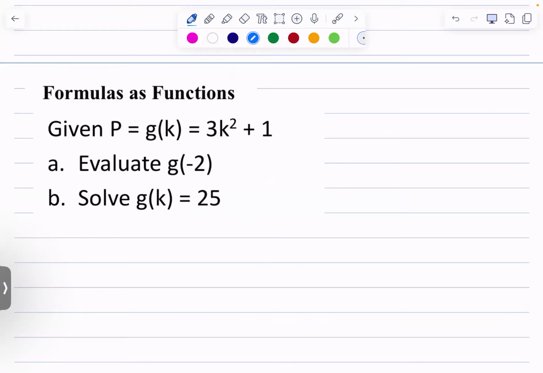If we have a p, which is a function g of k, okay, which means that our k is our input and g of k is our output, but our output is now called p for some reason. Okay. Then we can use this formula to evaluate g of -2. What does evaluating g of -2 look like?